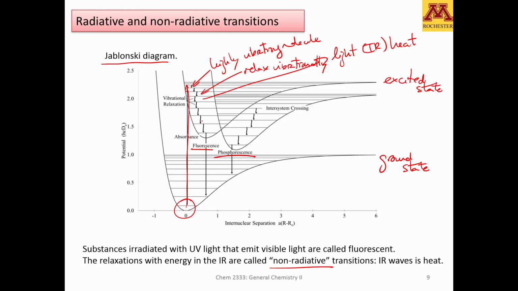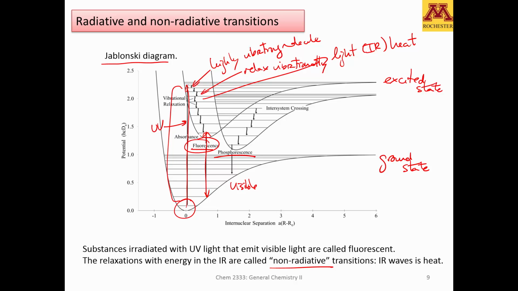Now, once it's here, if there is nothing else, it will make a big jump, and this jump is large enough to fall into the visible range, and that's when you have something called fluorescence. Notice that typically a fluorescent substance will absorb in this jump, which is much larger, so it falls in the ultraviolet range of the spectrum, and it will emit something that is closer to the visible.